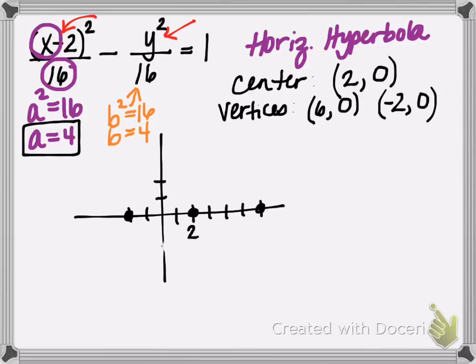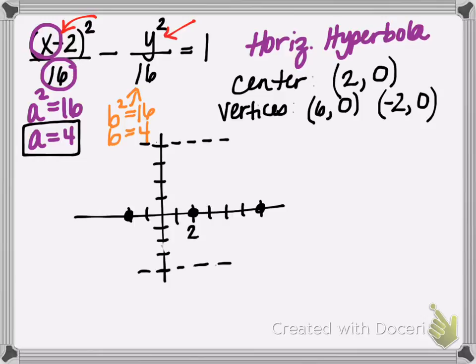So I'll travel up a distance of 4 from the center. And again, if it was an ellipse, you would actually put an ordered pair here. You'd actually draw in a coordinate. But instead, because there's not actually a point here, remember this is just going to help us draw in this central rectangle. So I'm just going to draw kind of a horizontal line. And then from the center, I'll travel down a distance of 4. And also draw in a horizontal line.